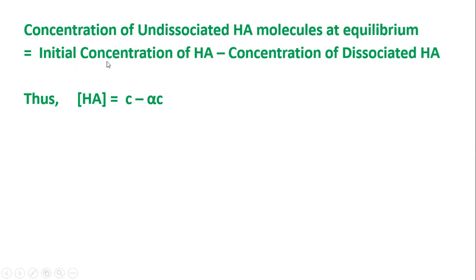Total acid amount is given by the initial concentration of HA, and this dissociated amount is given by the concentration of dissociated acid.